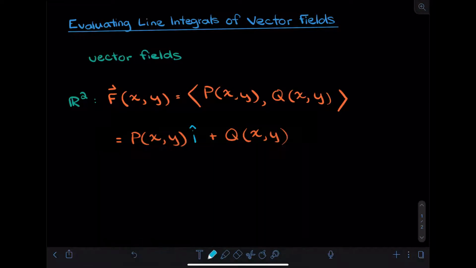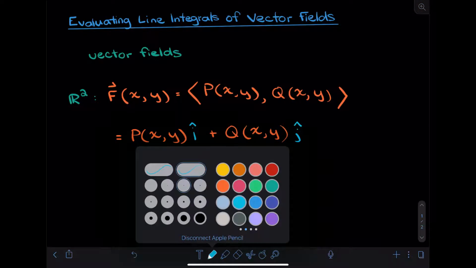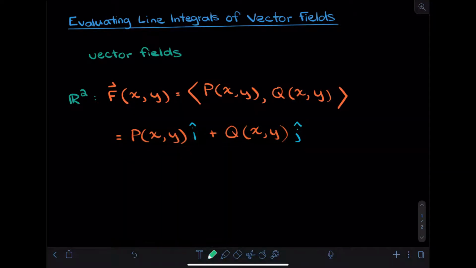Since we're in R2, we will just leave it as this. We have the unit vectors i and j. I'm going to talk a little bit later about what this means and how we can visualize it. But for now, just remember that that's the general form for an R2 vector field.